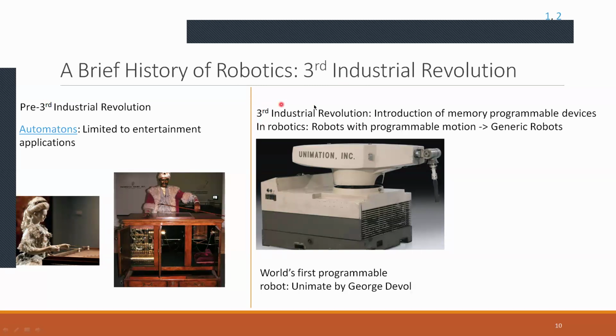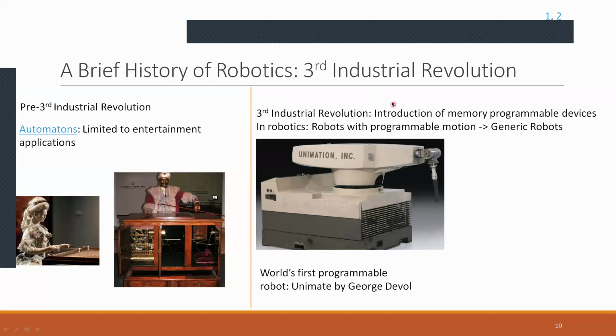But emphasis on the word custom. Those machines can't be reprogrammed or rebuilt to do any other task. Once they are built for a particular task, that's all that they can perform. They don't have any intelligence in them. They were purely mechanical. In the first industrial revolution, they didn't have any of these computers, but all they had was mechanisms and all machines that they built were completely mechanical.